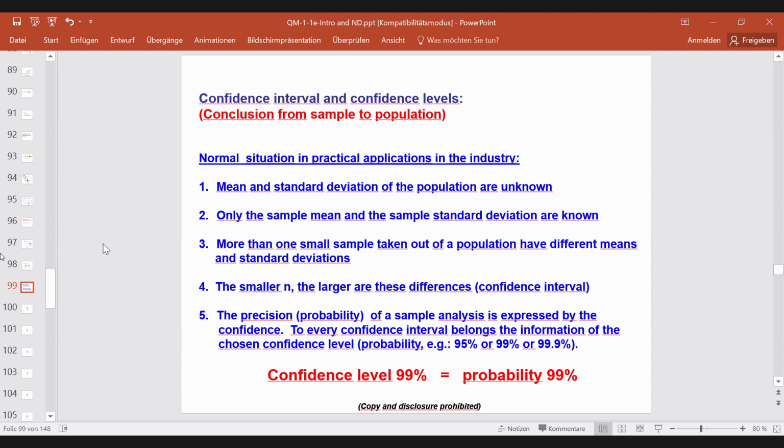You get an upper and a lower limit for mu up and mu low. And then you can say 95% or 99% or whatever is between these two limits. And how to do this, I will show you next time.